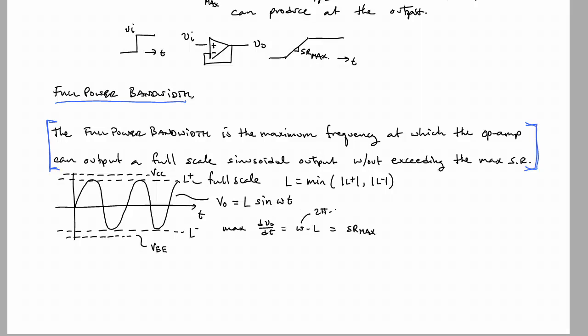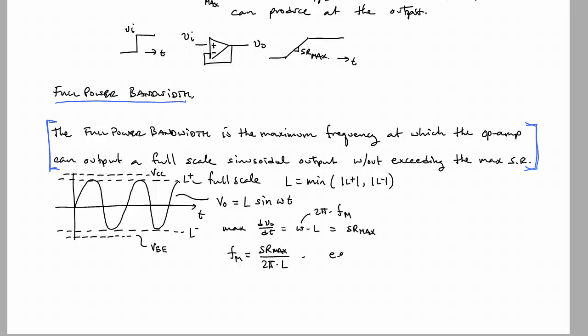So we'll say it's 2 pi times f, what did I call it? Fm, capital M. You solve for that, we'll find that Fm is equal to the slew rate of the op-amp divided by 2 pi times the limit.